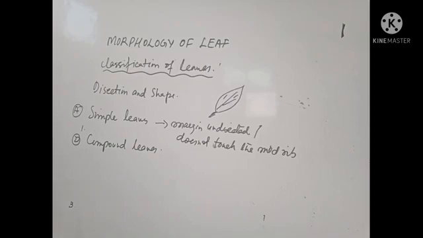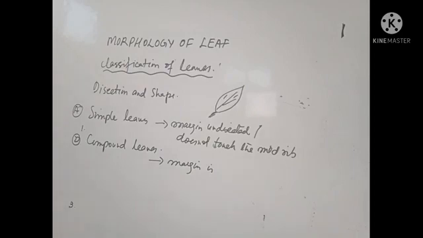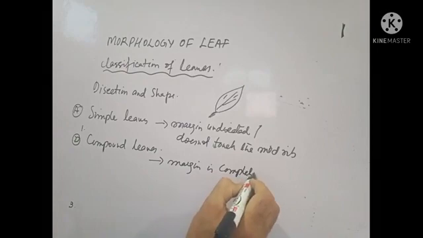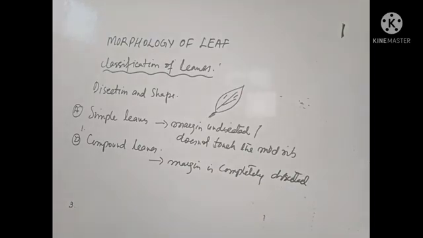Compound leaf is that whose margin is completely dissected, and this compound leaf has two subtypes.